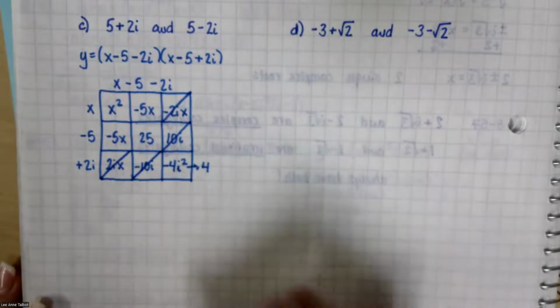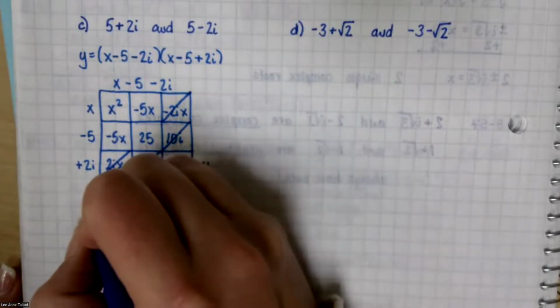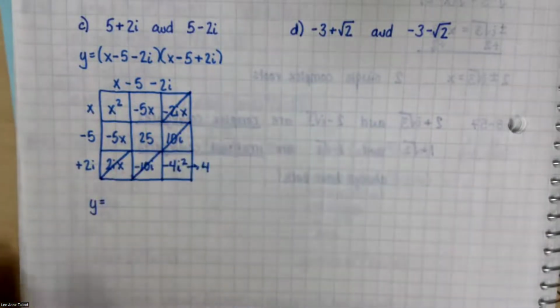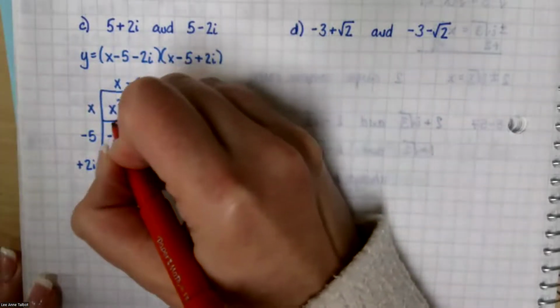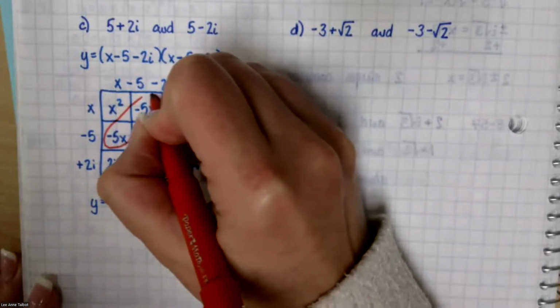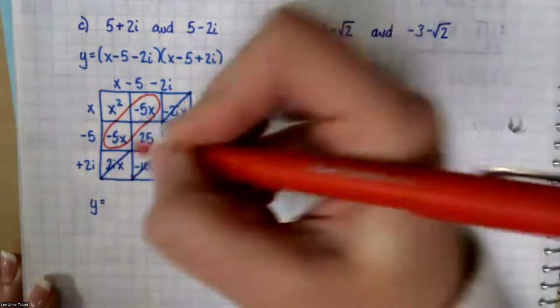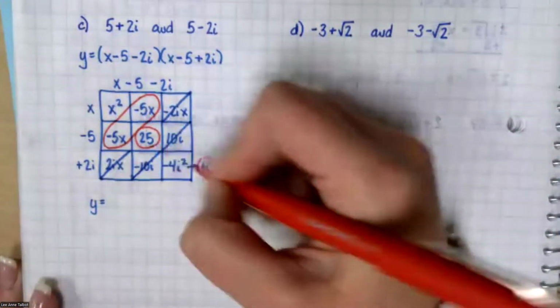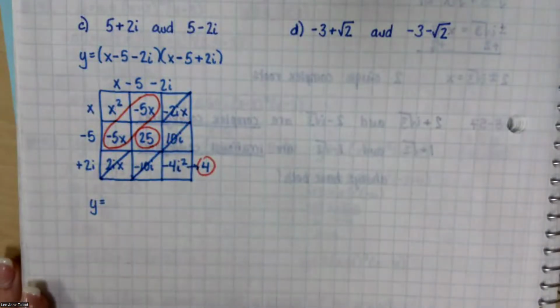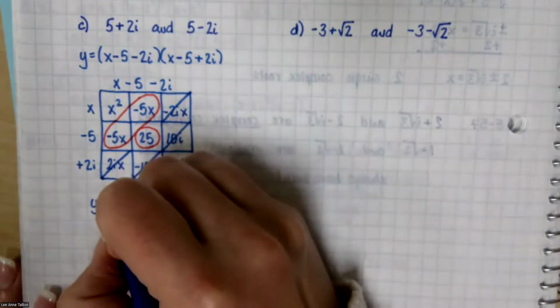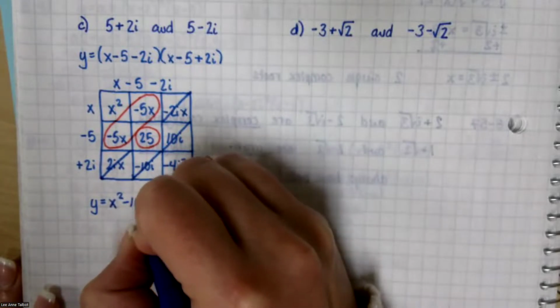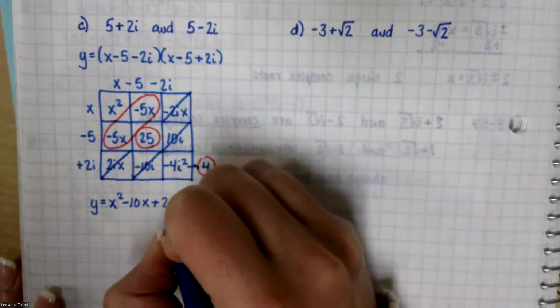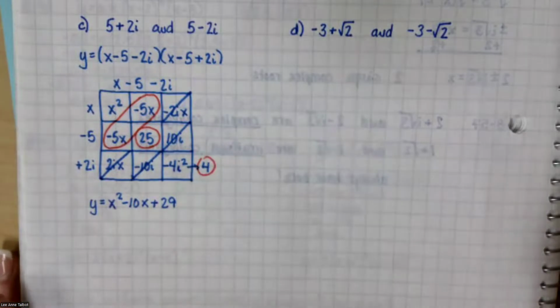Excellent question. Okay, so we have y equals, I'm going to use my red pen just to circle some things I'm going to combine. So I'm going to combine these two. And I'm going to combine those two whole numbers. So I have x squared minus 10x plus 29.